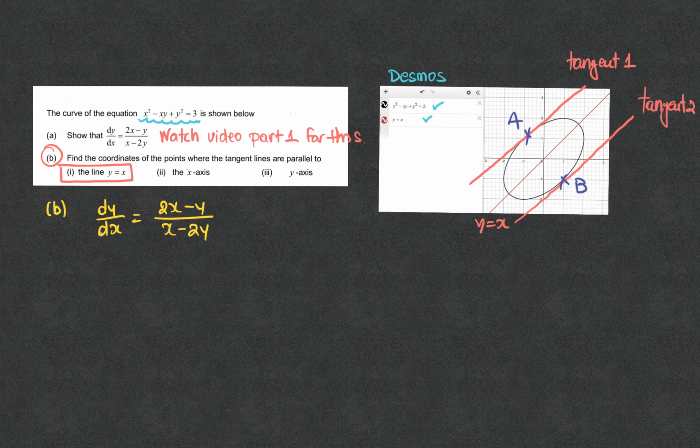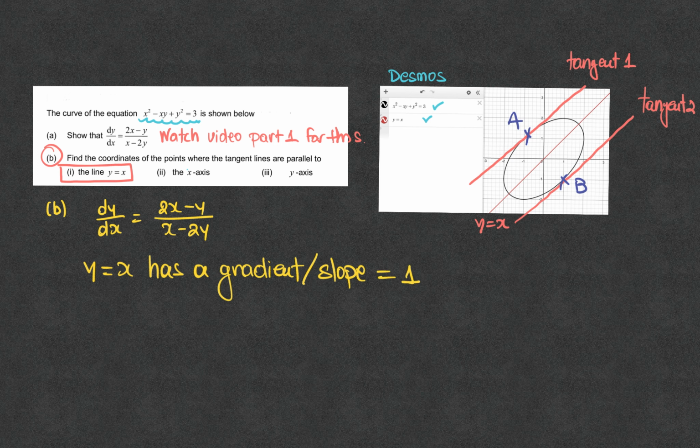So what we know is that the line y equals x has a gradient, or slope, equal to 1.